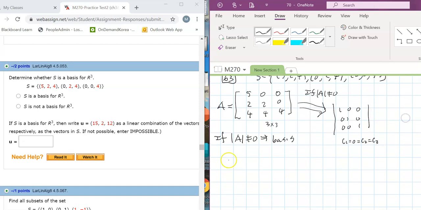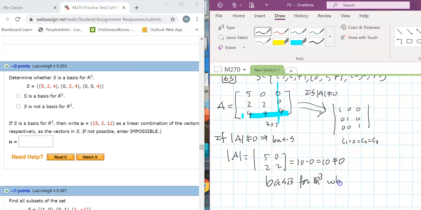So let's find out what the determinant is. I explained about these. So it is 5, 0, and 2, 2. Obviously, 10 minus 0 is 10, which is not equal to 0. Okay, then it is a basis. This is for R3.